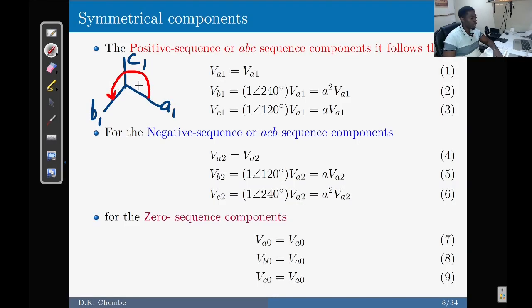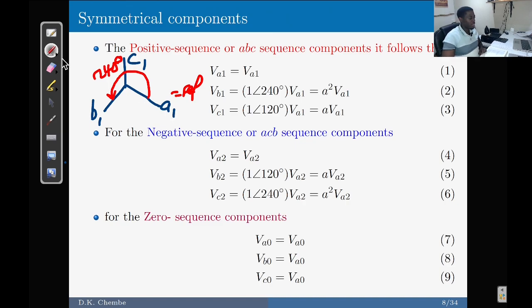Remember, we've got 120, 120. Add the two of them and it gives you 240 degrees. This is why the voltage at B1 is 240 degrees from the reference phasor, which is VA in this case.